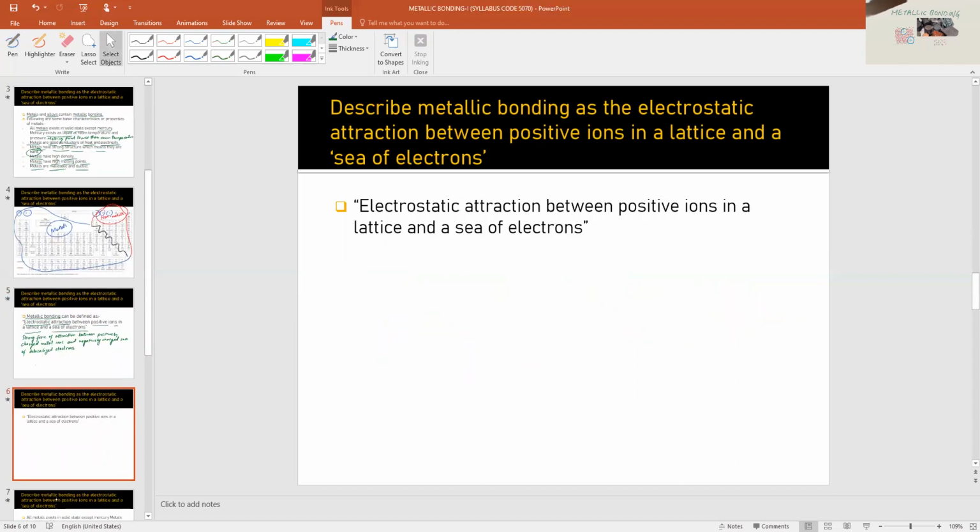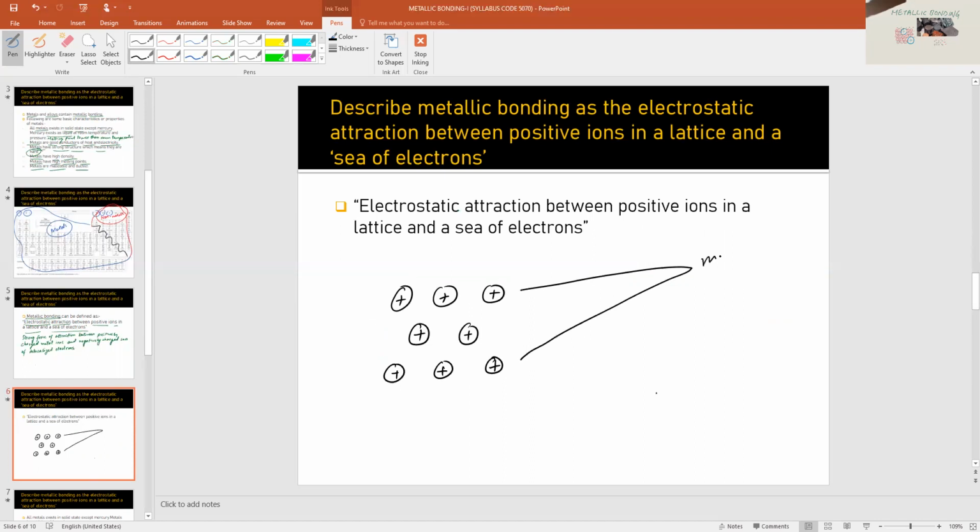We can represent this metallic bonding through a labeled diagram in this way. These are the metal cations. This is the first layer, the second layer, this is the third layer. These are metal ions.